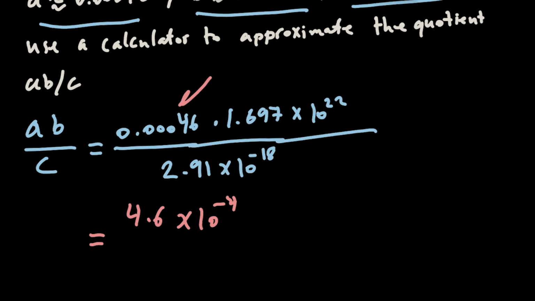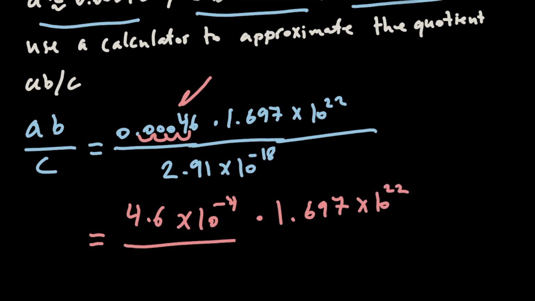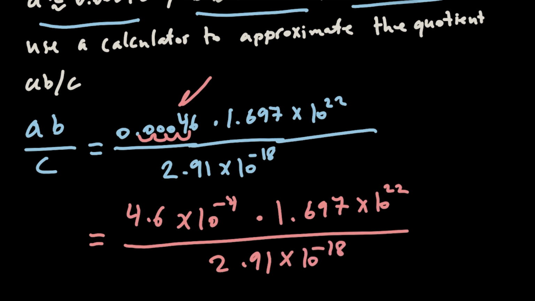You can notice that I've just moved this decimal place four places to the right, so we will get minus 4. Okay, so we'll just multiply this number by 1.697 multiplied by 10 to the power 22 over 2.91 multiplied by 10 to the power minus 18.